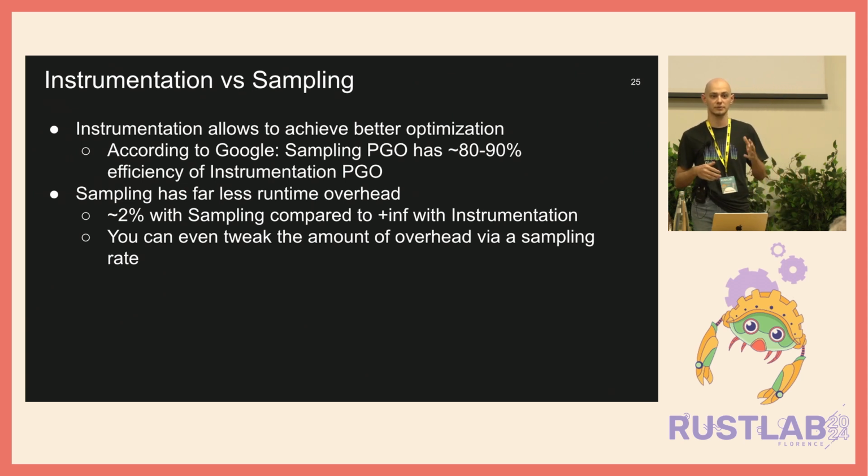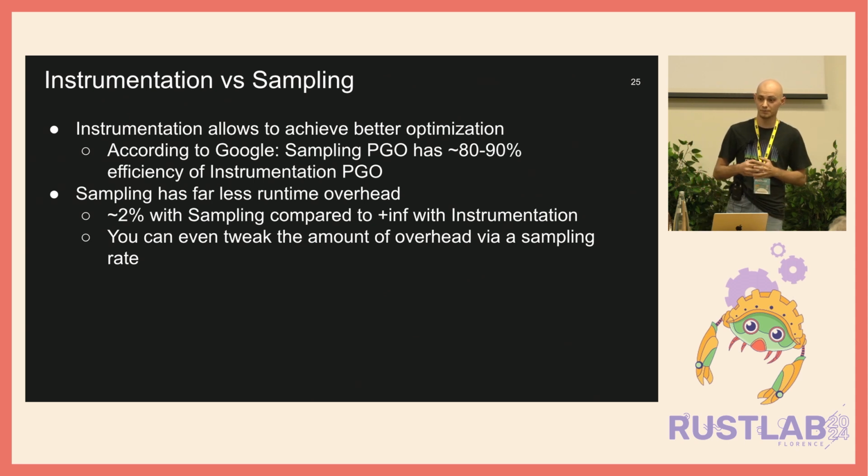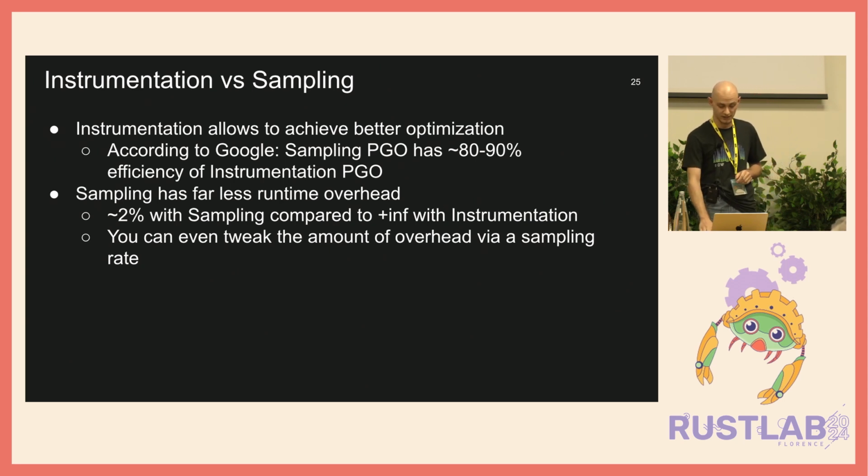So if you want to get more precise profiles and consequently more efficient PGO optimization, increase the frequency. If you want to decrease the frequency due to lowering overhead in runtime, for example, on production servers, Google invented sampling PGO exactly for the reason that they wanted to collect PGO profiles from production. So you can decrease the frequency, and that's it.